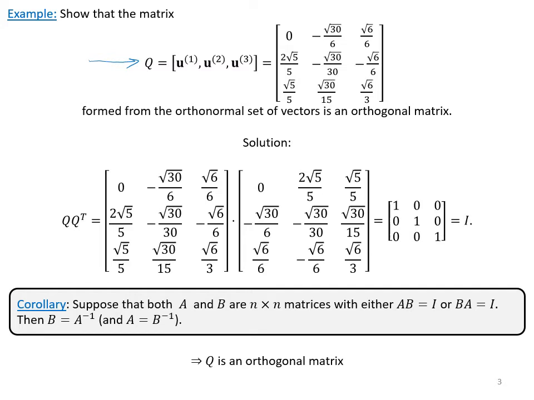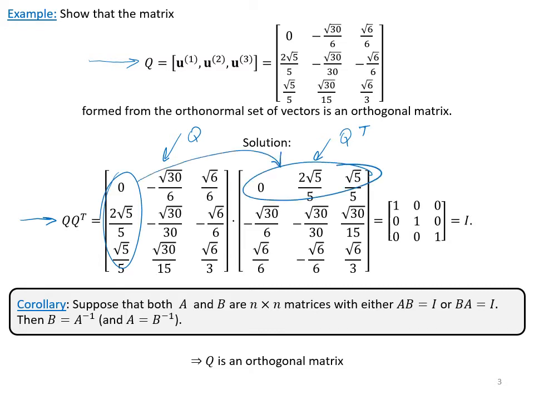So what we are going to do is find the product of matrix Q and transposed matrix Q. This is our matrix Q. This is our transposed matrix Q. Just to remind you what transposed means: we exchange columns and rows. The first column becomes the first row, the second column becomes the second row, and so on. If we multiply these two matrices, we will get the identity matrix.